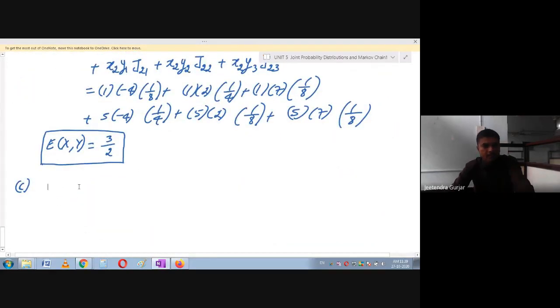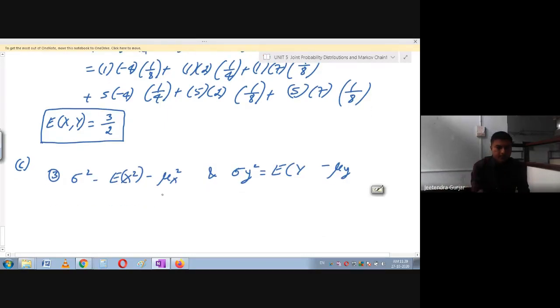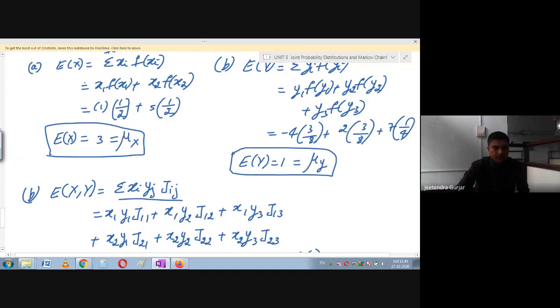I think you know now. Let's see. This is equal to, this is for x and this is for y. Please remember this formula. Now we'll simplify this one by one, students. Now we see what is E of x square. I think you have come across E of x square.